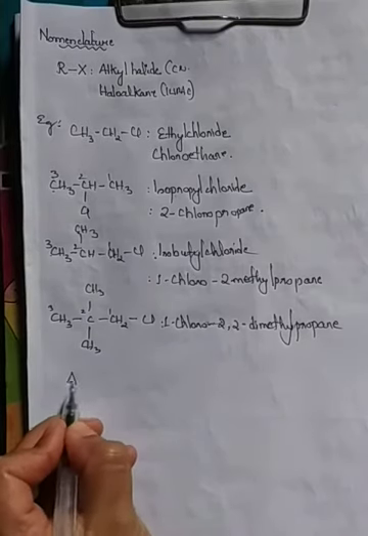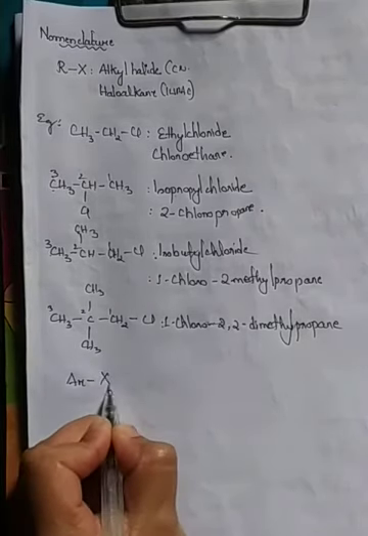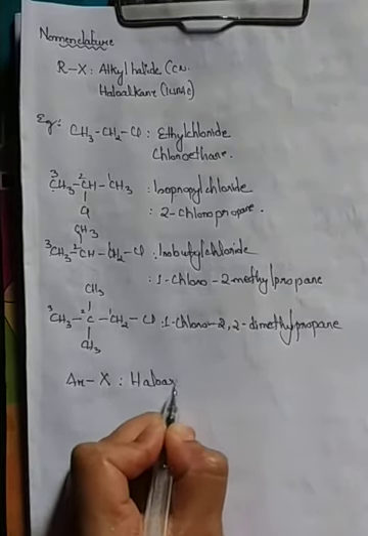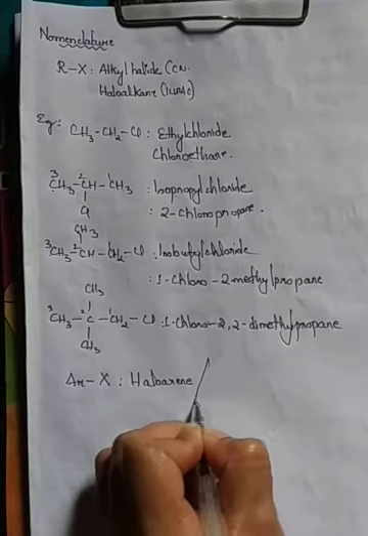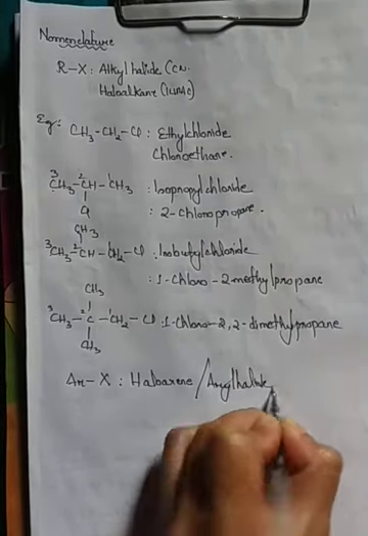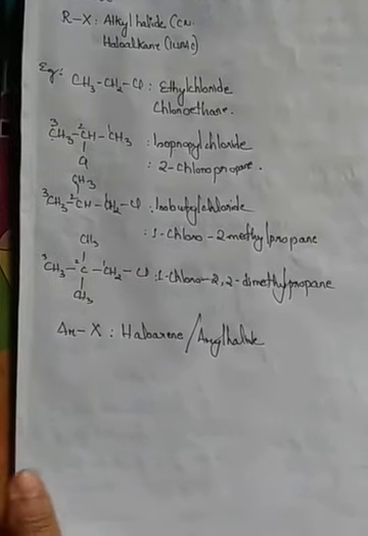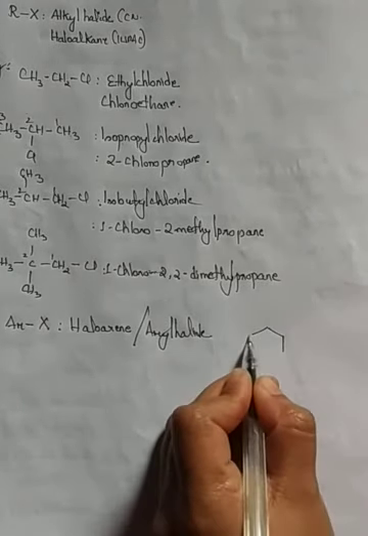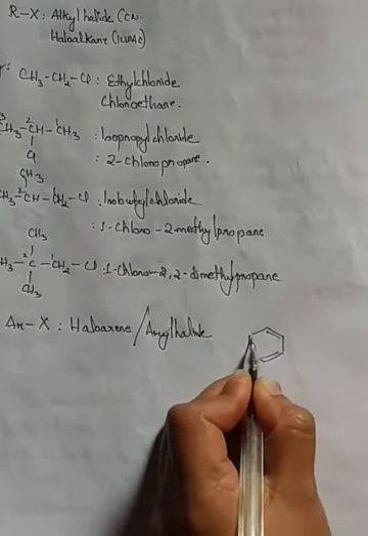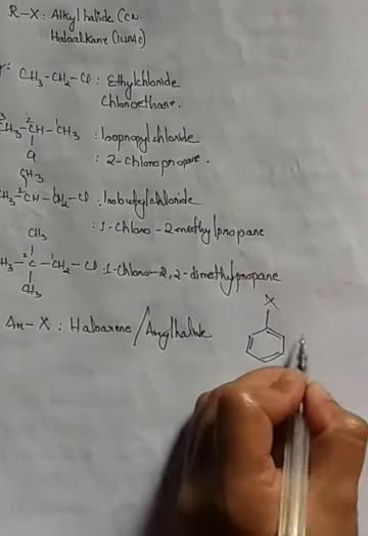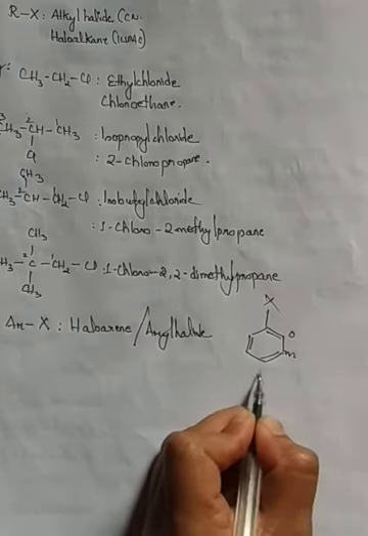Now, if you check our haloarenes, represented by the general formula ArX, the IUPAC name will be haloarene, and the common name will be aryl halide. The difference when we are naming haloarenes is that the naming will be given in terms of ortho, meta, and para positions.